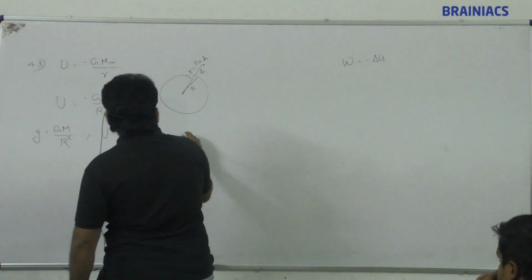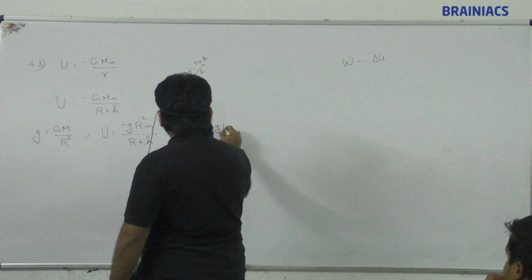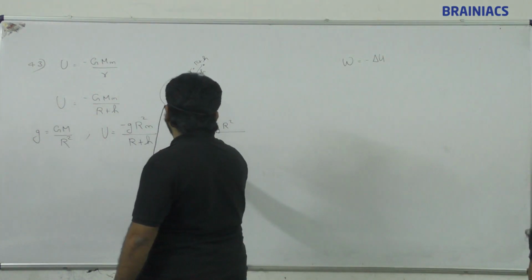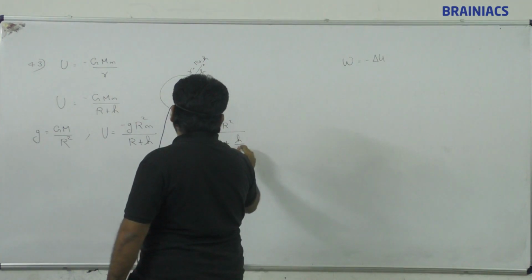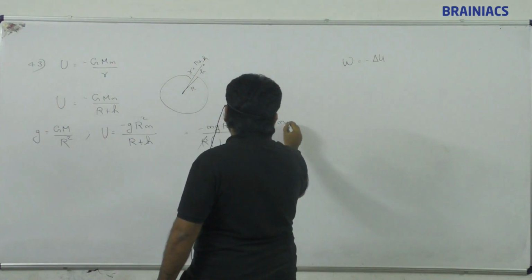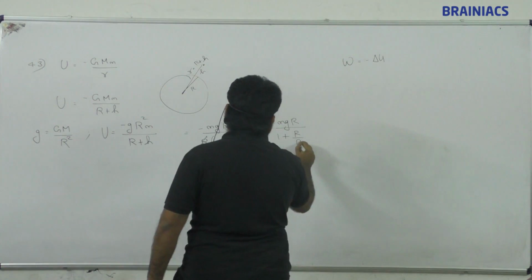So now, see children, U is equal to minus mg r square divided by... for convenience I am taking this r outside, 1 plus h by r, this r will be cancelled off, minus mgr divided by 1 plus r plus r.